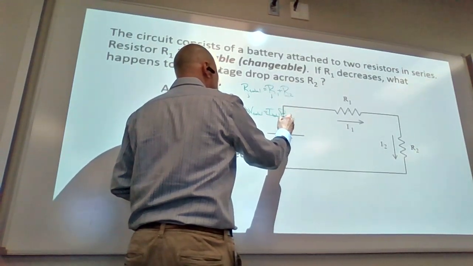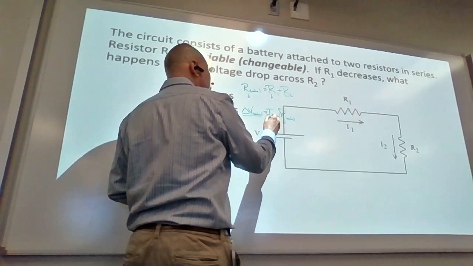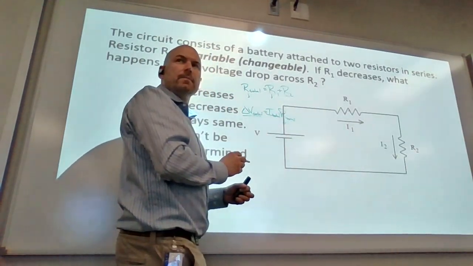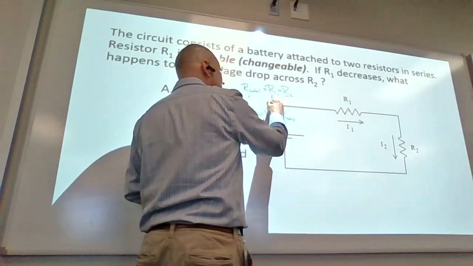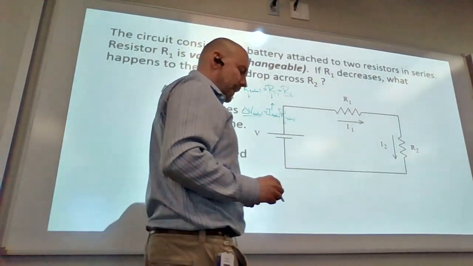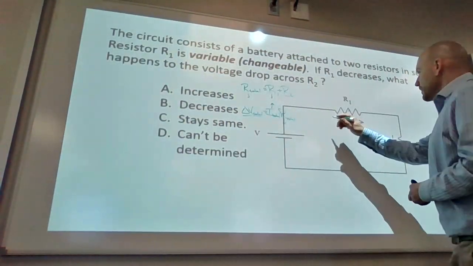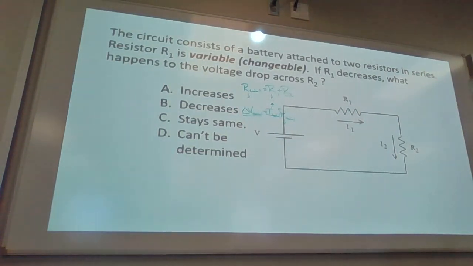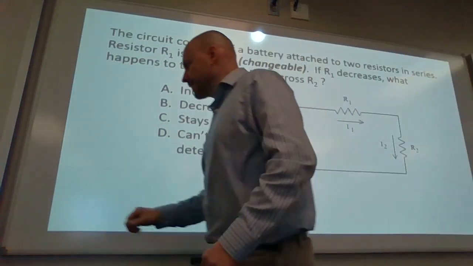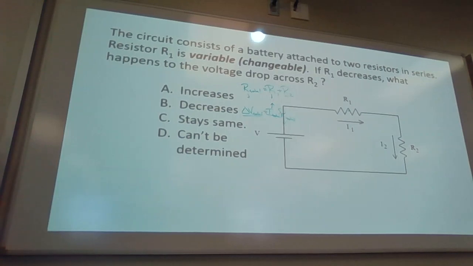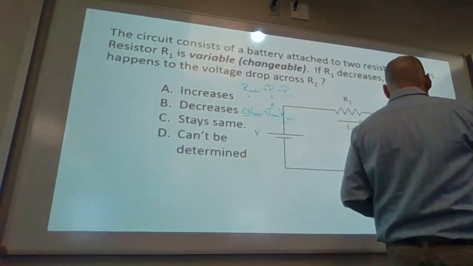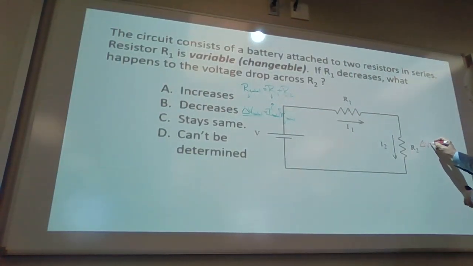So as the total resistance goes down, the voltage stayed the same, therefore the total current goes up. It's a series circuit, so the total current goes up in all spots. The current is this guy.